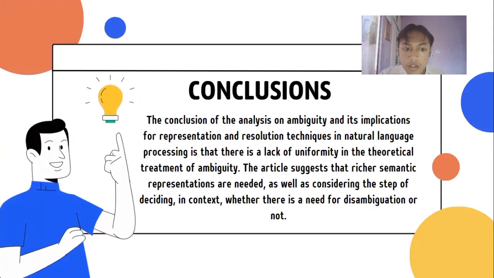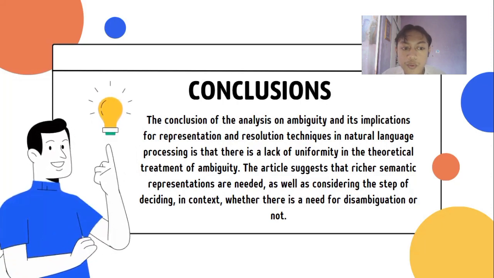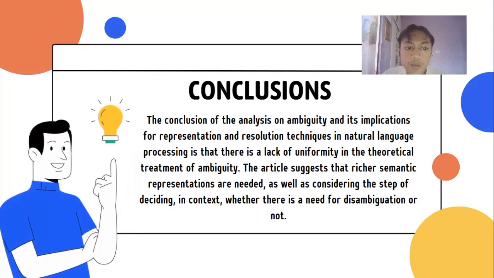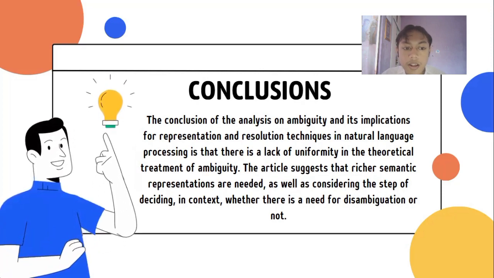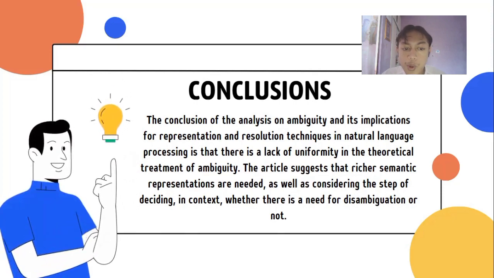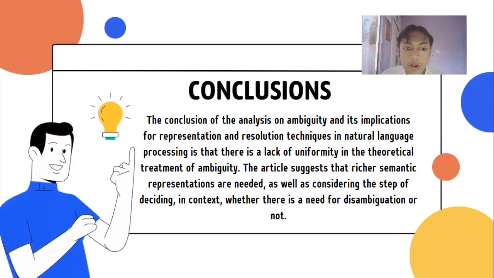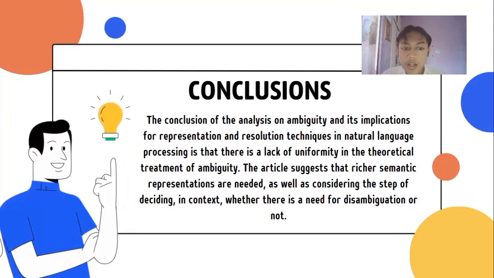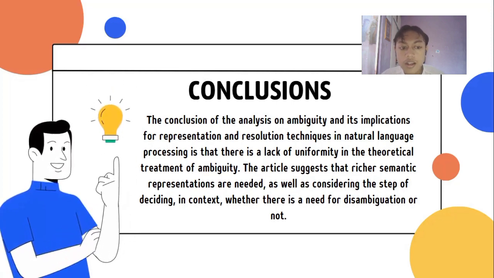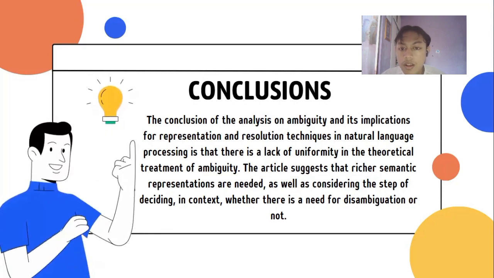Conclusion. The conclusion of the analysis on ambiguity and its implication for representation and resolution techniques in natural language processing is that there is a lack of uniformity in the theoretical treatment of ambiguity. The article suggests that richer semantic representations are needed, as well as considering the step of deciding, in context, whether there is a need for disambiguation or not.